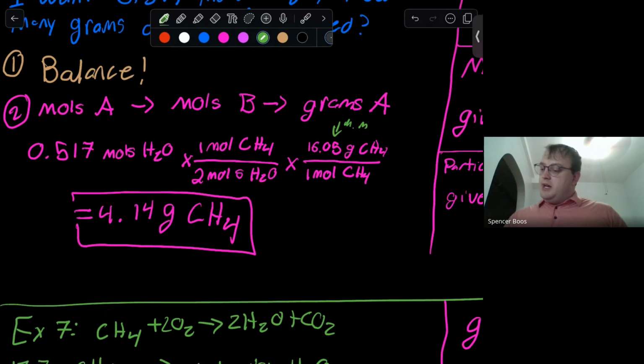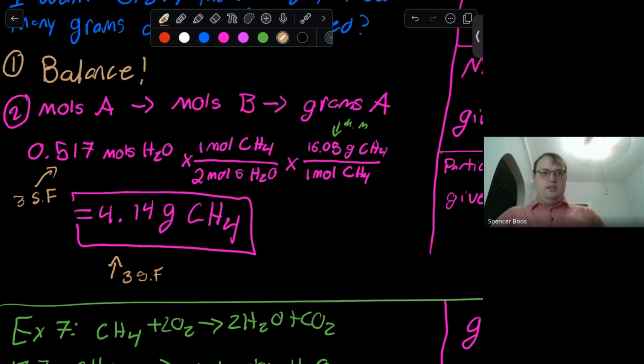The reason why this has 3 sig figs is because this has 3 sig figs. We always go based on our measurement, or in other words, you always go by your given. You determine significant figures based on your given.